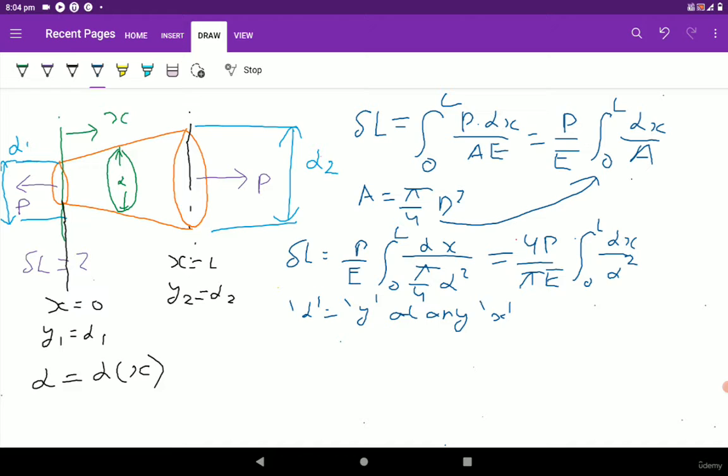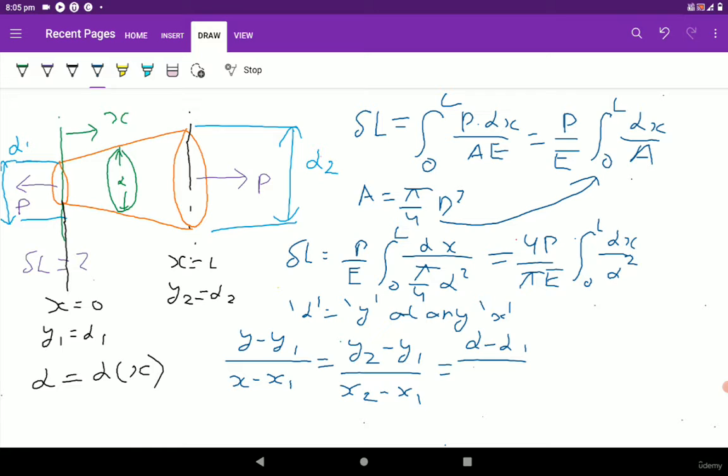So we can write, using the 2-point straight line formula, y minus y1 divided by x minus x1 is equal to y2 minus y1 divided by x2 minus x1. So we can write d minus d1 divided by x minus 0 is equal to d2 minus d1 divided by L minus 0.